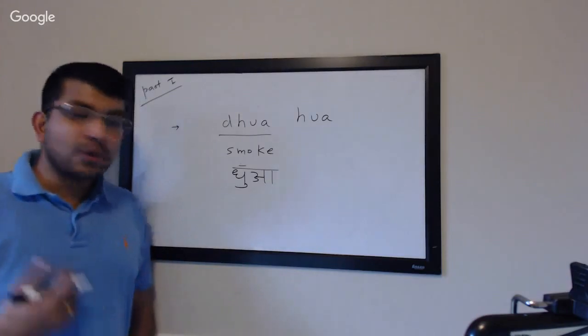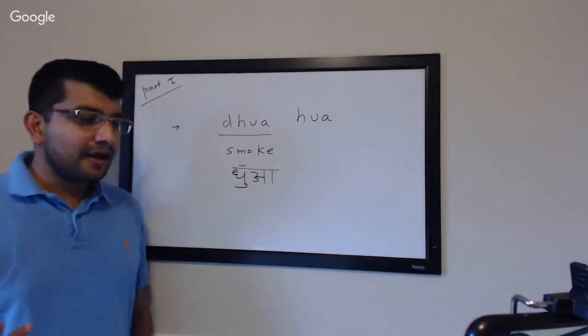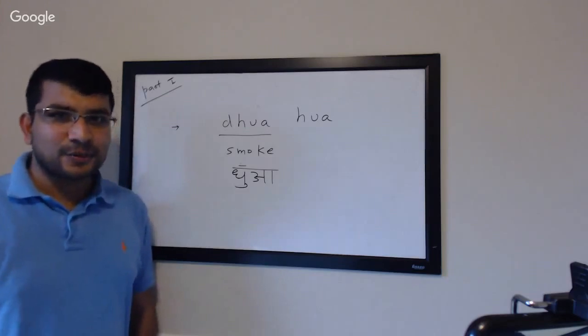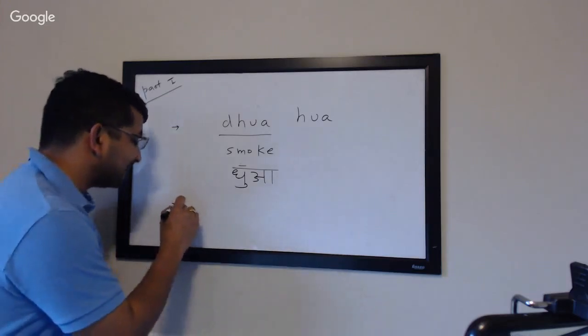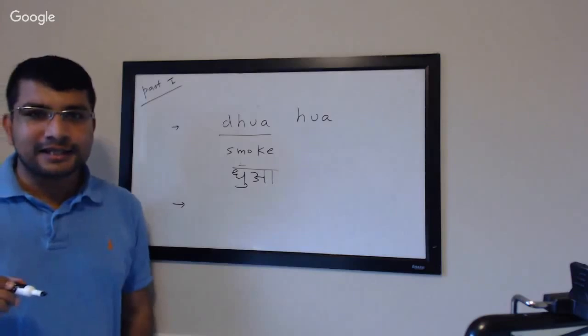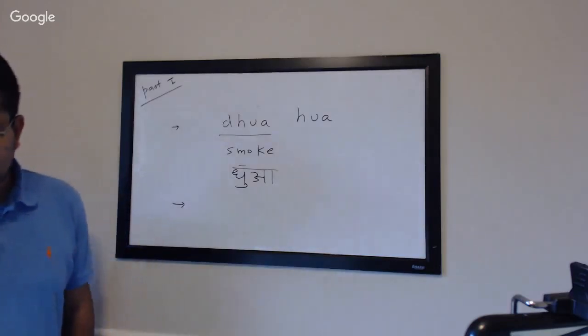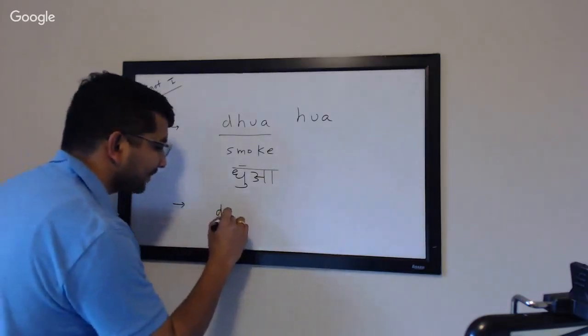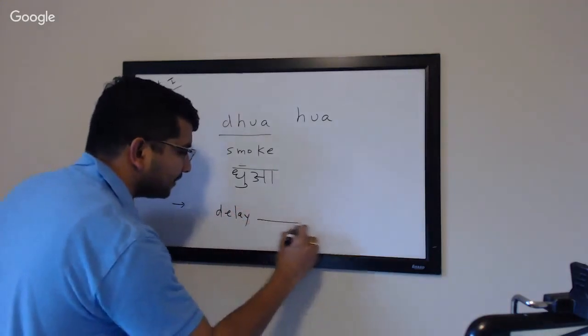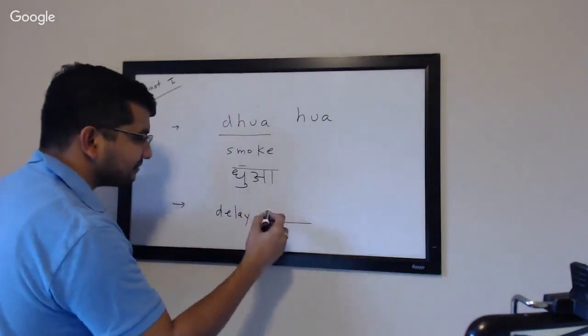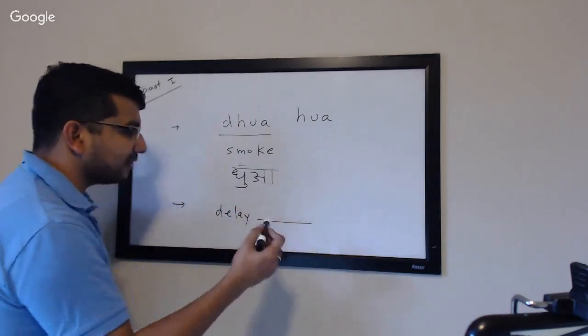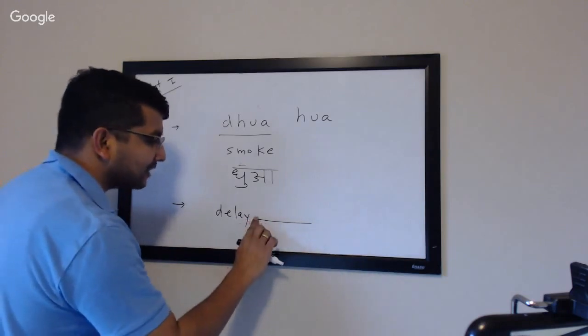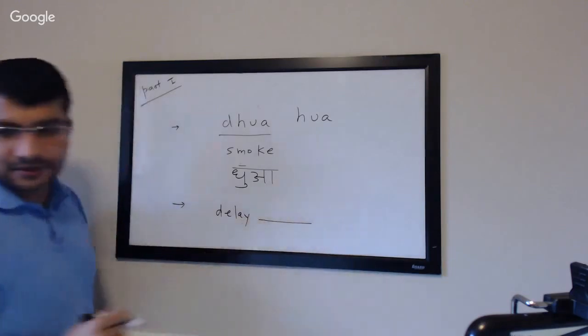Similarly, let's say you are running late, and delay happened. Can you think about how you will say that in Hindi? You won't say that in English; you just say that it got delayed, or I was delayed. You will not say delay happened to.